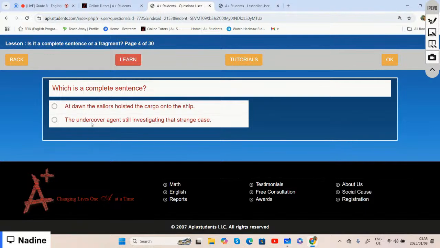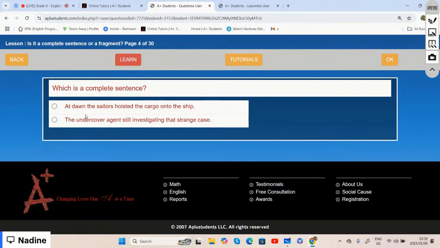So now we're going on to the last one. It says, which is a complete sentence? Option one: At dawn, the sailors hoisted the cargo onto the ship. Or option two: the undercover agent still investigating that strange case.